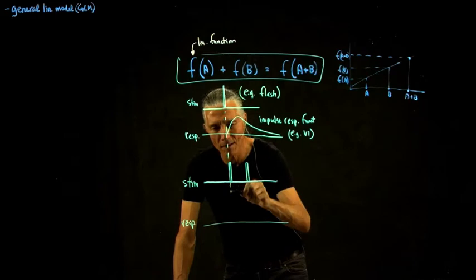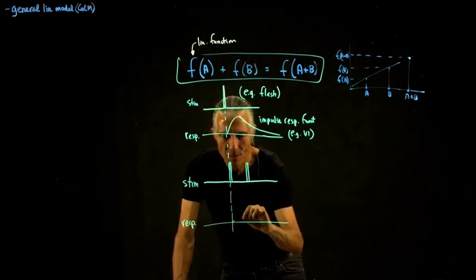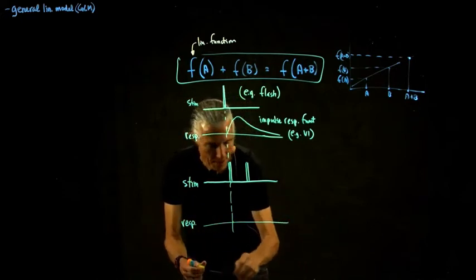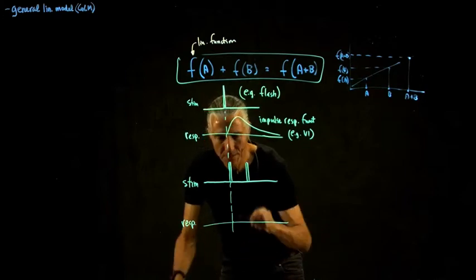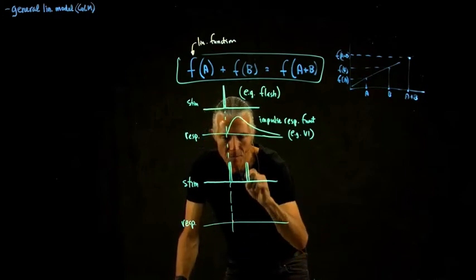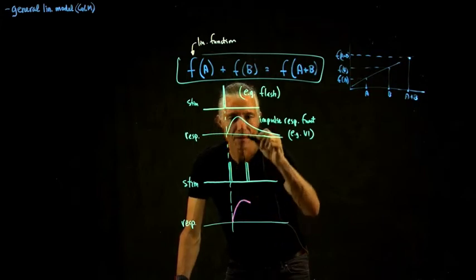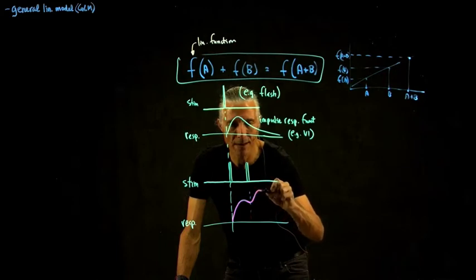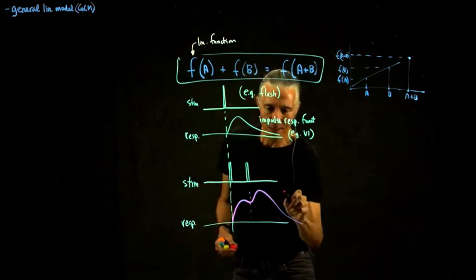You would convolve that stimulus with the response. And so what would it look like? So here's our prediction, and we'll make our prediction in a different color. Basically, it's going to look like the impulse response function. And then when the second response hits, you should just linearly add on to it, and then the thing will die off like that. So this is the prediction.